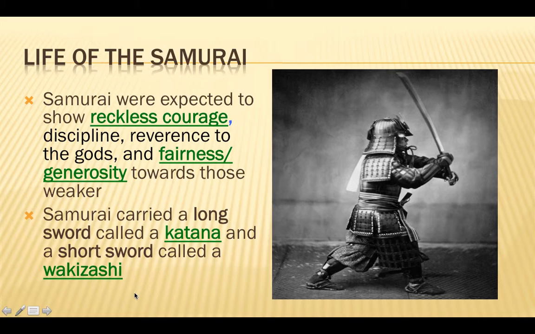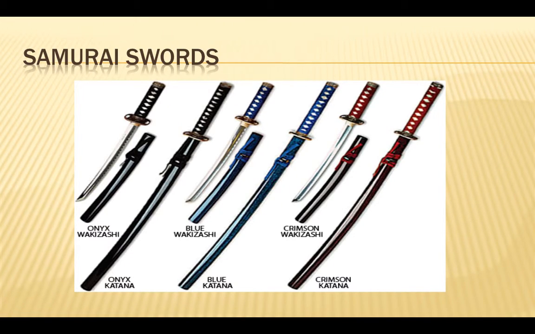I apologize in advance for my really bad pronunciation of all things Japanese. Katana I have right, if that is important. And here are some examples of the long and short swords.